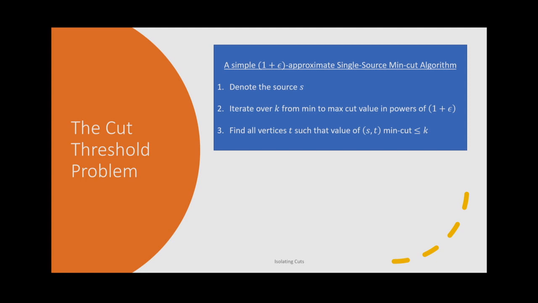So for these new vertices, I know their min cut value up to an approximation of 1 plus epsilon. So if I'm able to solve that problem, given this fixed vertex S, find me every vertex whose min cut is value k or smaller, then I am able to automatically solve the approximate single source min cut problem. Questions about this?